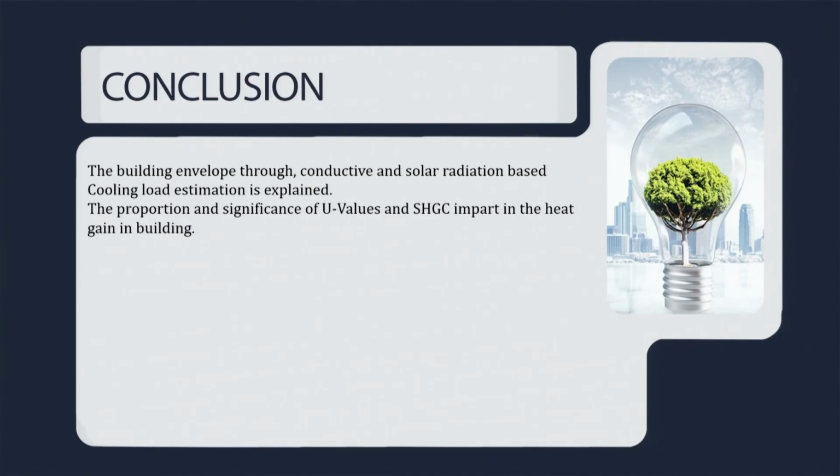We have explained one very important criterion, the overall heat gain coefficient, which is a very easy way to understand, but definitely it is an approximate way to find out the heat gain coefficient.